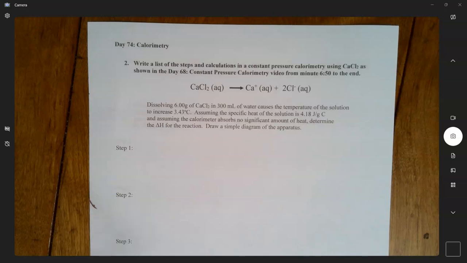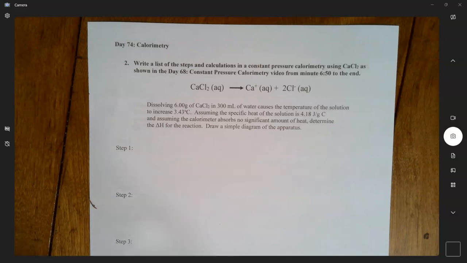numbers to work with. Calorimetry is a way of measuring the temperature change when a reaction takes place, of a system inside surroundings. Just think of the system as being something dissolving like calcium chloride, and the heat from that reaction goes into the surroundings, which is the water and also the dissolved calcium chloride.